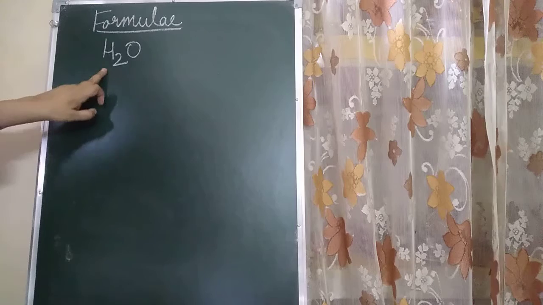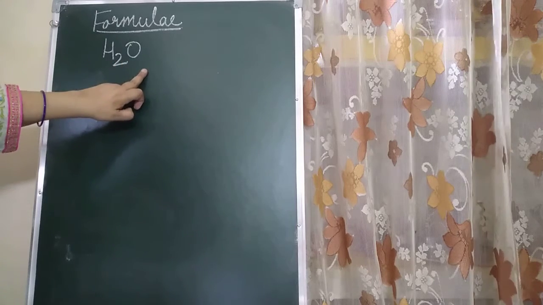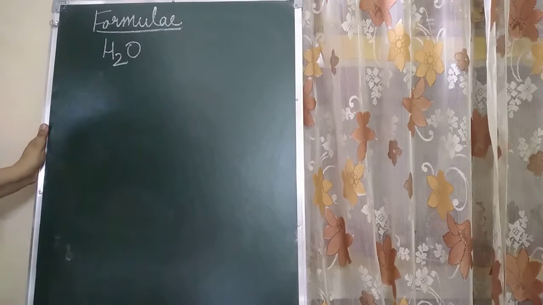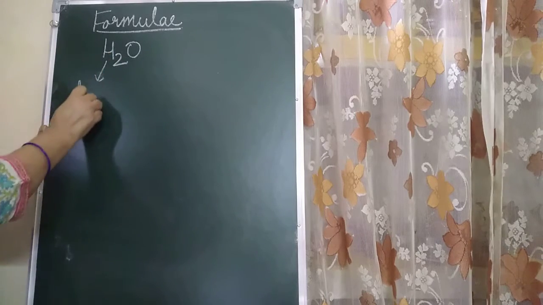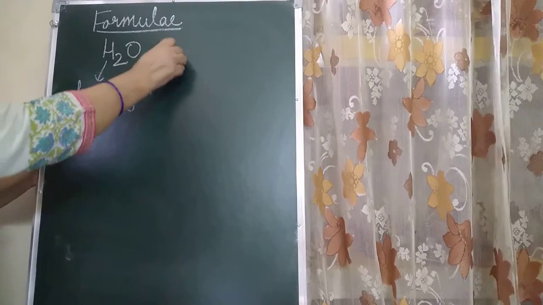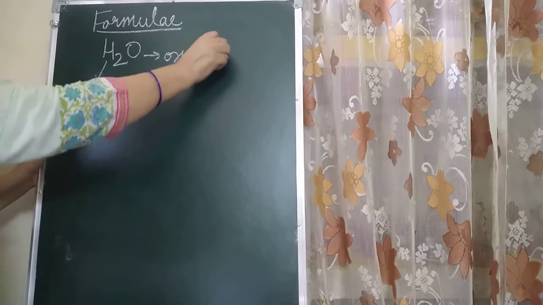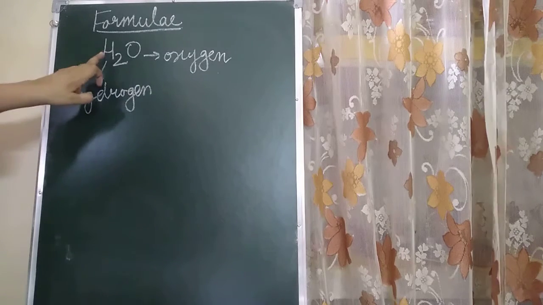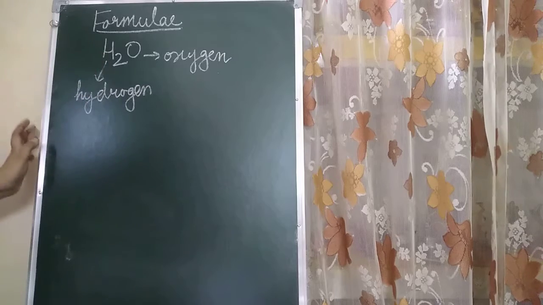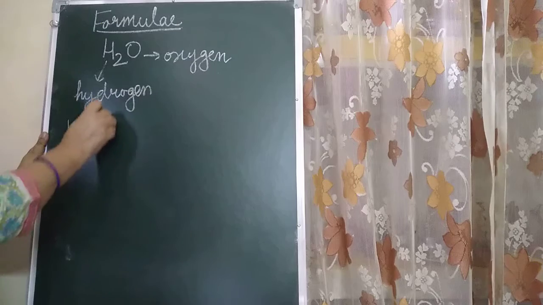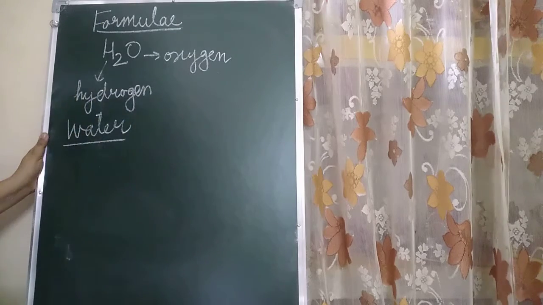The formula for water should therefore contain the symbols of hydrogen and oxygen. Fine children. It should also show the number of atoms of each element in a molecule. So the formula for water is H2O.